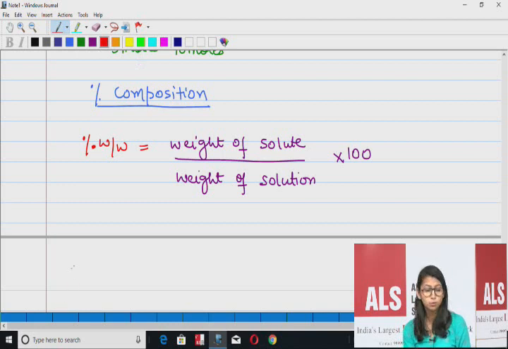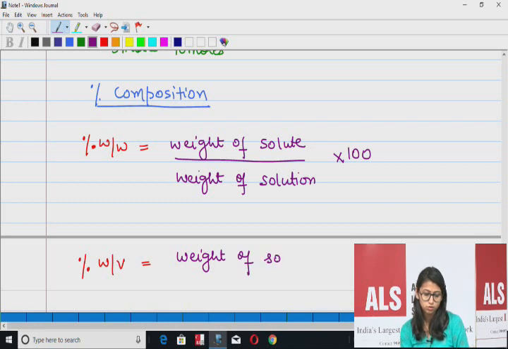Then I have one more term with me, which is known as percent W by V. This is weight of solute. Now V is there, so obviously we are talking about the volume.